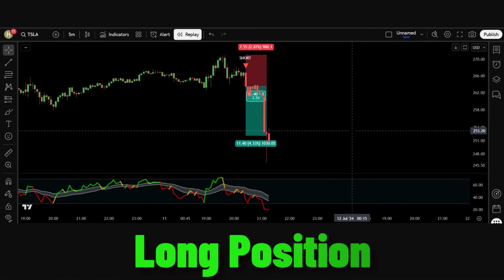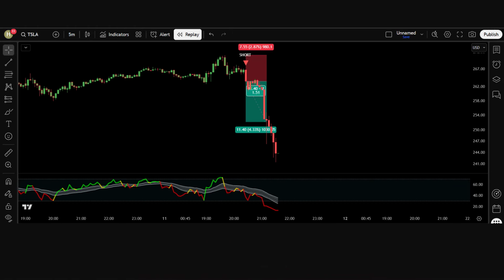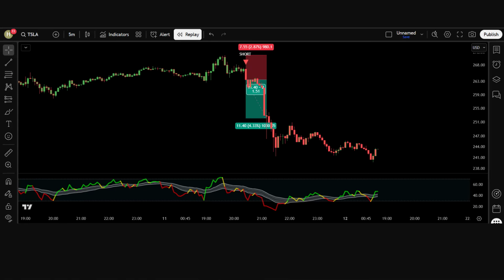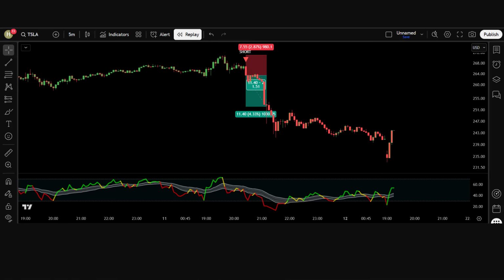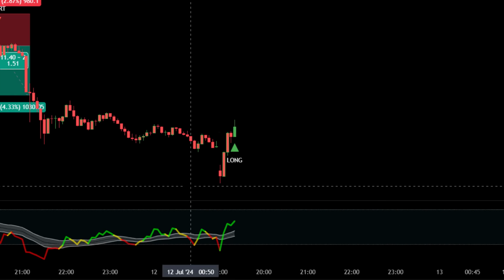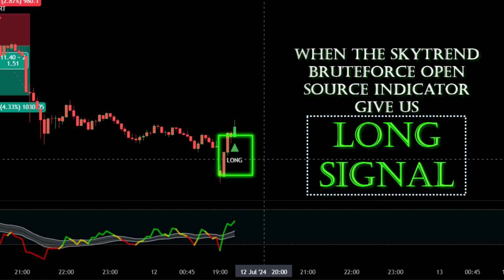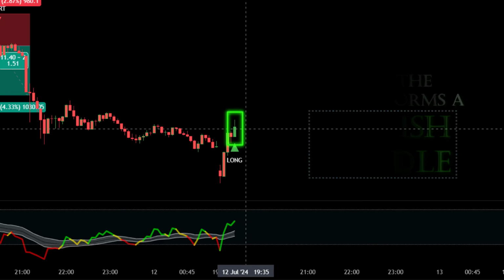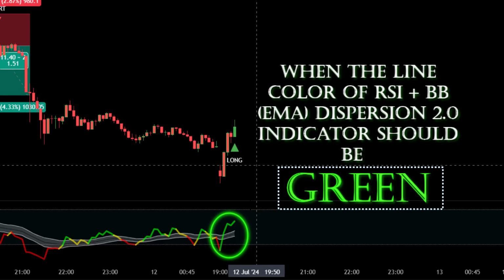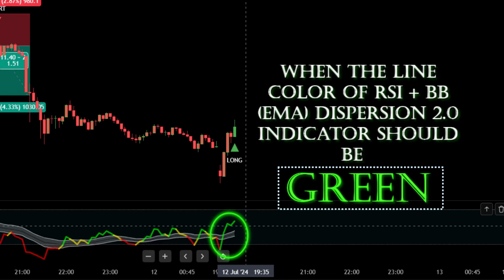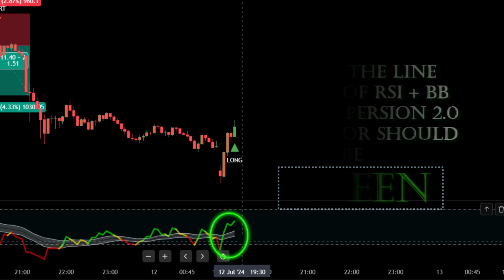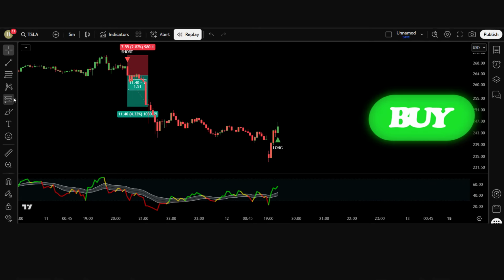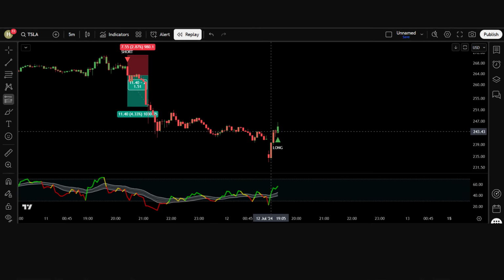Now let us understand the long position. When the SKYtrend BRUTEFORCE open source indicator gives us a long signal, when the market has formed a bullish candle, and when the line color of the RSI plus BB, EMA, Dispersion 2.0 indicator is green, if this condition is fulfilled, then we will place a buy order.